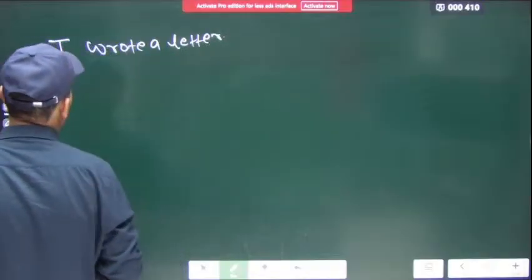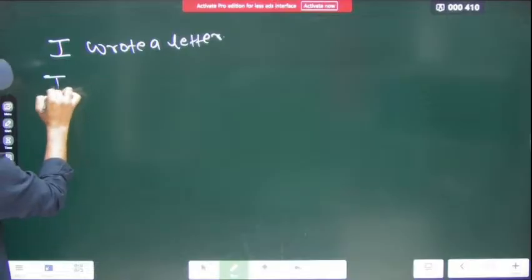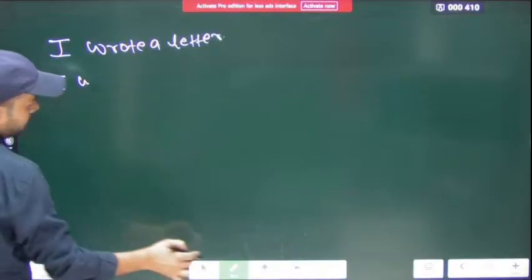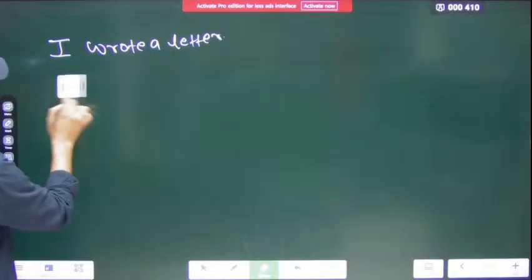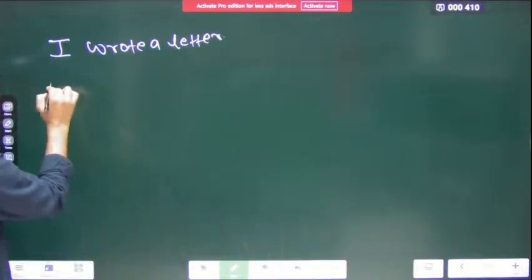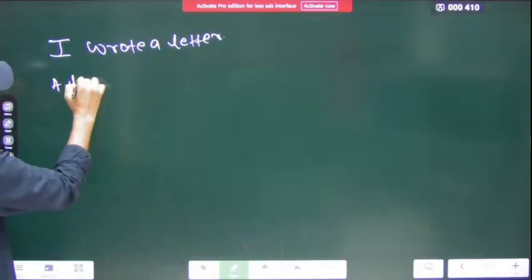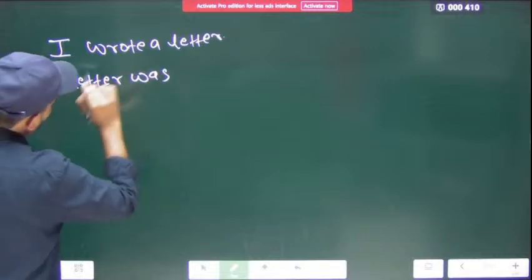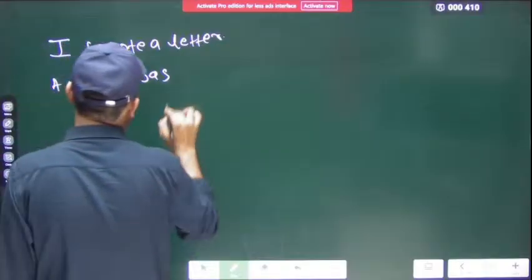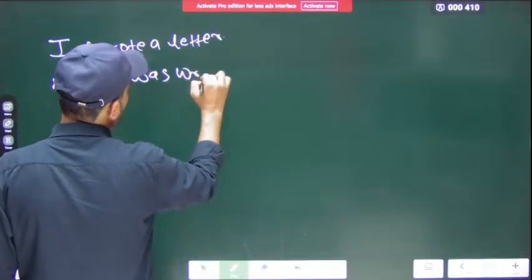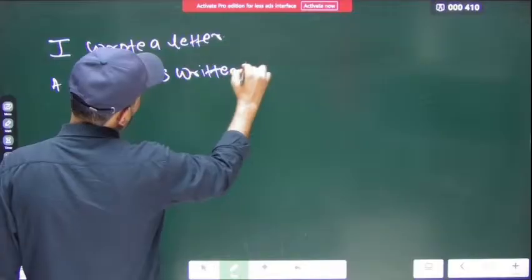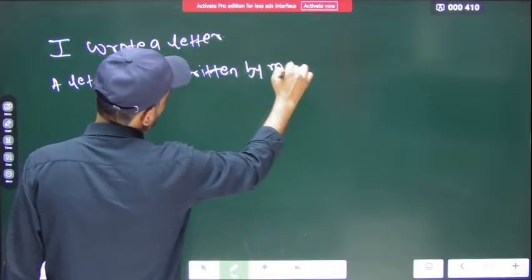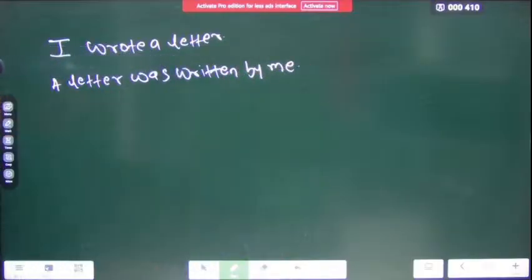If I make the passive, then what will it become? It will become in this way. First of all, we have to take the object here. So the object will be a letter. A letter was written by me.